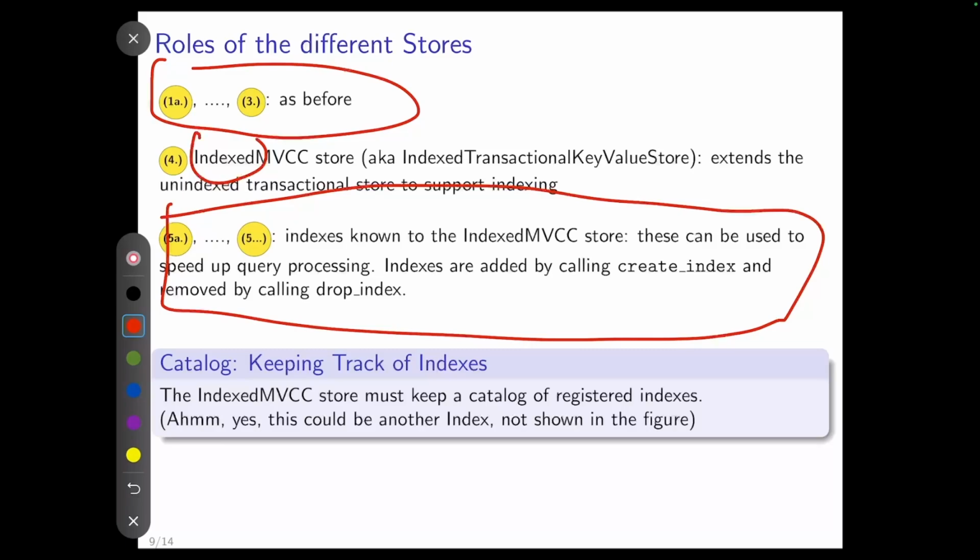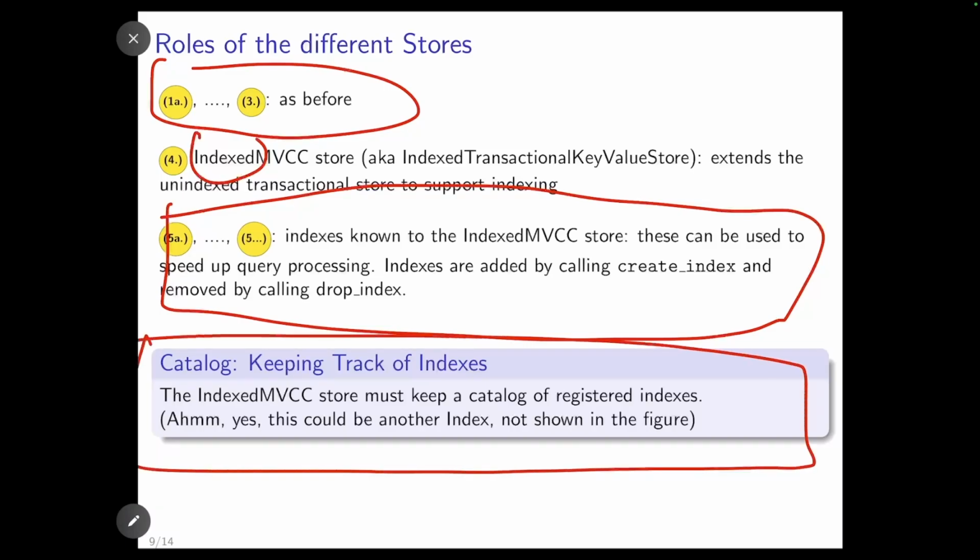What that implies is that you also have to keep track of the indexes in that store. So you somehow have to have a mapping, an index again, that maps from whatever index name to the index instance, or maps from properties to instances and names and stuff like that. I'm stopping here with making it more crazy.